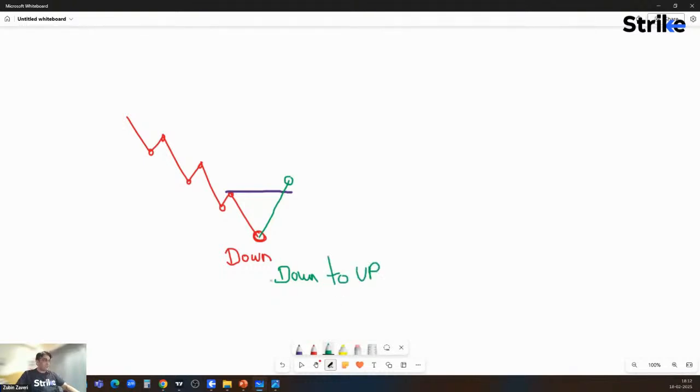So this down to up is a very bullish thing that has happened, that the previous top has been taken out and the trend has changed. It was down earlier, now it has changed to an uptrend. All right, so this is the thing.